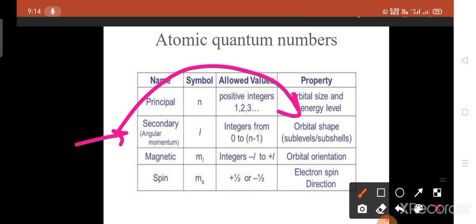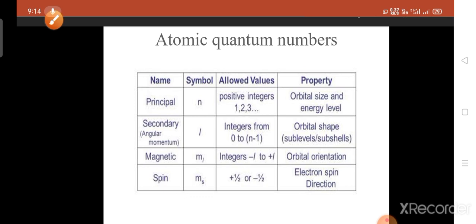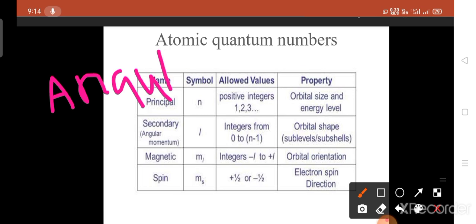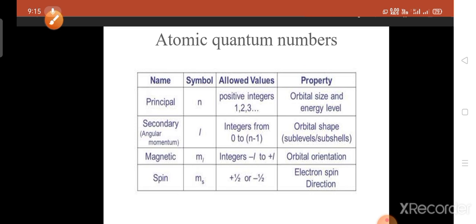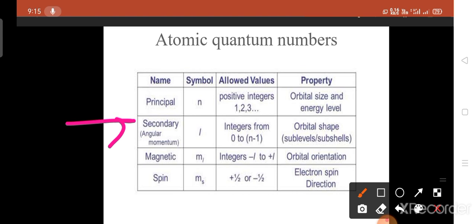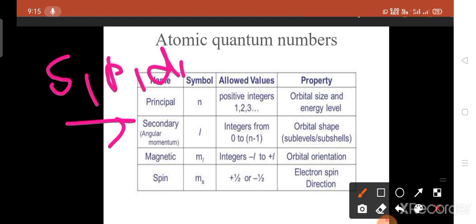Its value is equal to the total number of angular nodes in the orbital, because we know that the formula of angular node is equal to l. A value of the azimuthal quantum number can indicate the s, p, d or f subshell in various shapes.